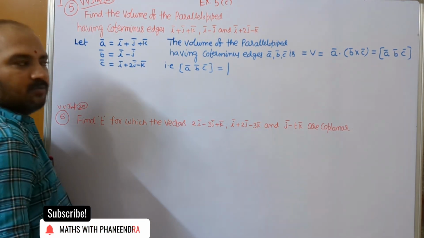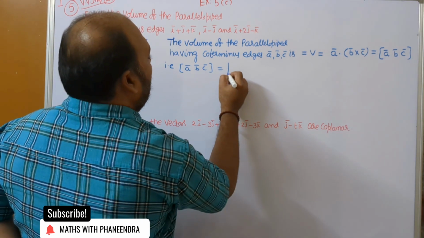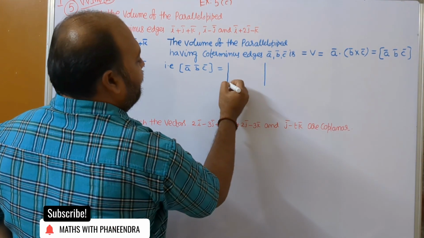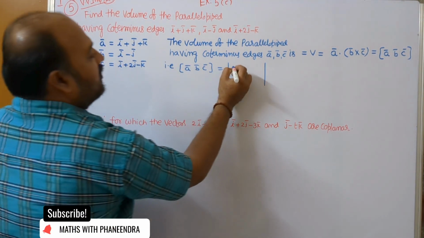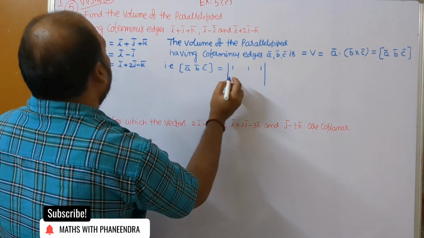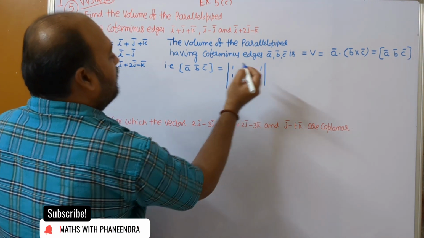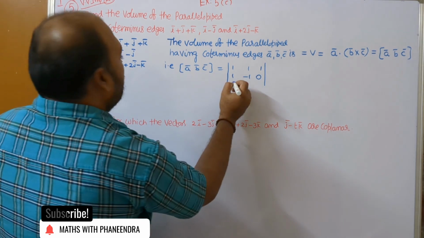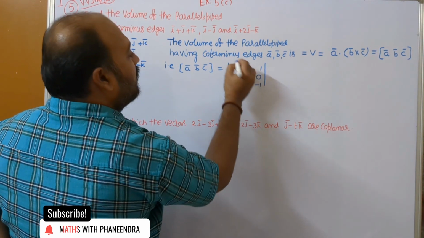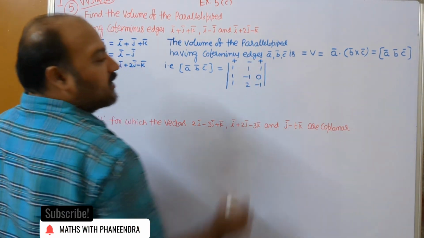So that is equal to mod determinant: a bar vector 1, 1, 1; b bar 1, minus 1, k bar not there means 0; 1, 2, minus 1. Plus, minus, plus.